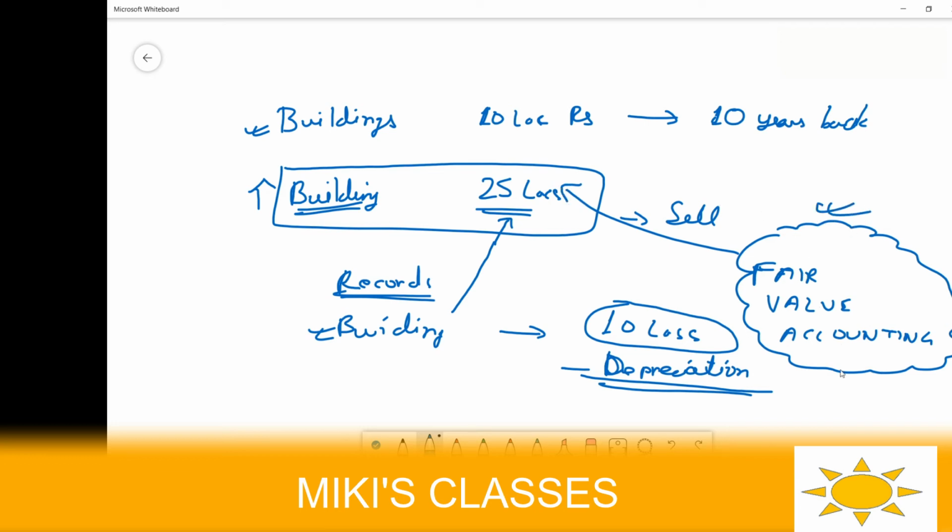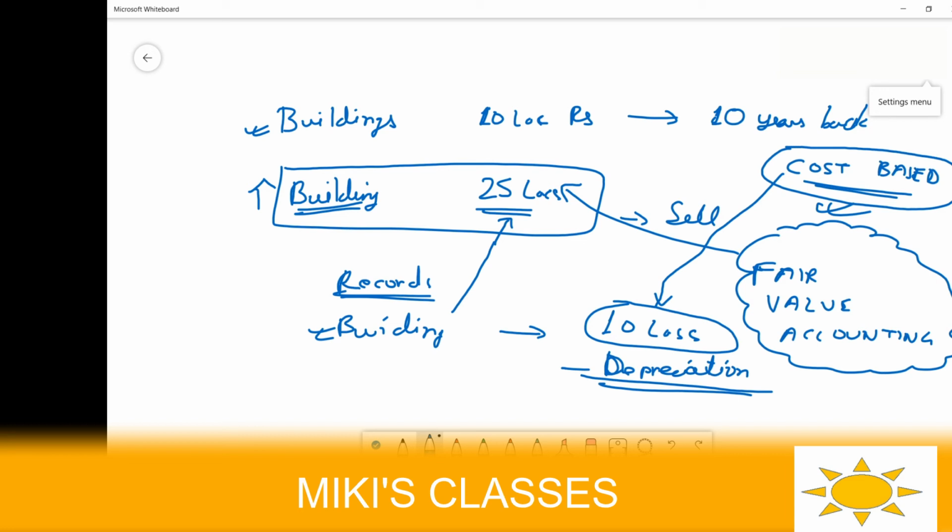But the accountancy which we are learning here is cost-based, not fair value-based. Cost-based accounting, which we cover in our syllabus for class 11, the value will still remain at this 10 lakhs minus the depreciated value. So that is a huge limitation.